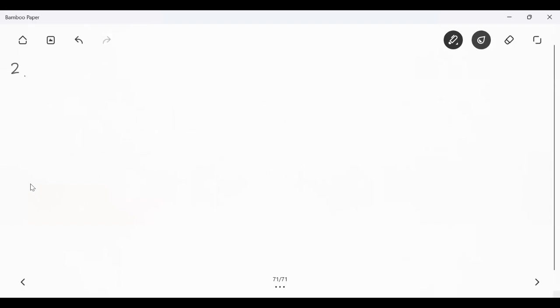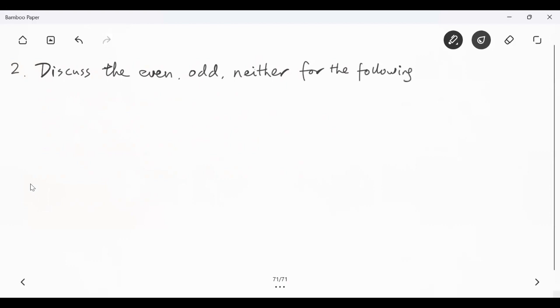Two. Discuss the even, odd, or neither for the following combining functions.